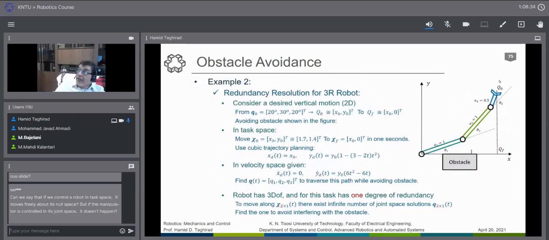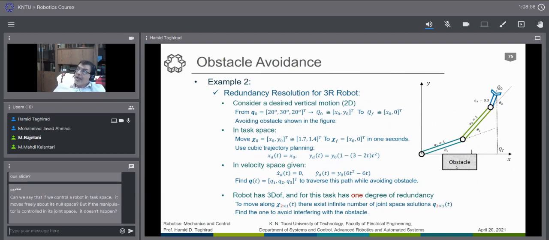And since we have 1 degree of redundancy here, we can use the redundancy scheme to move from here to here, but avoid this obstacle. So the problem is clear. We are starting from this point and would like to go to this point, but with some obstacle.